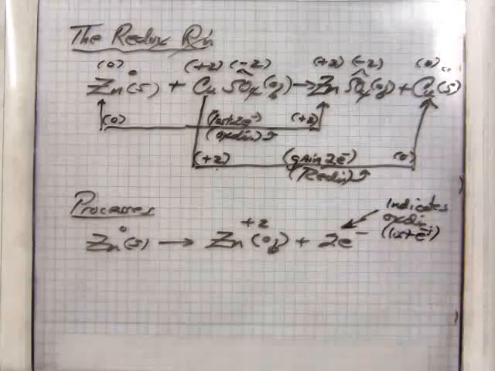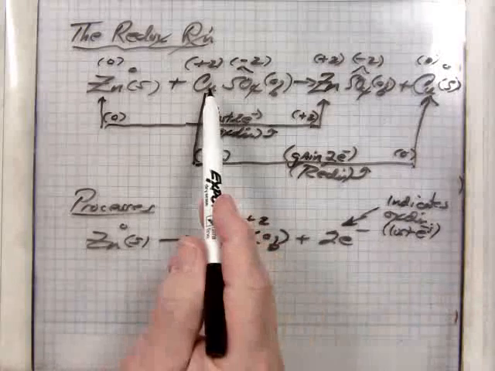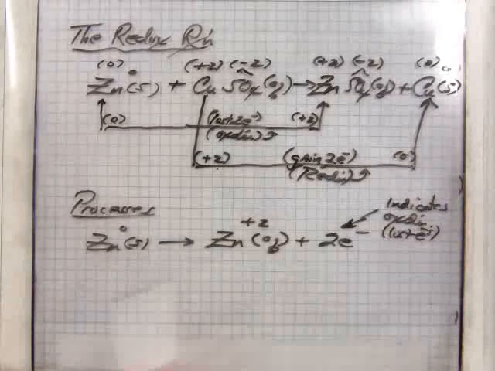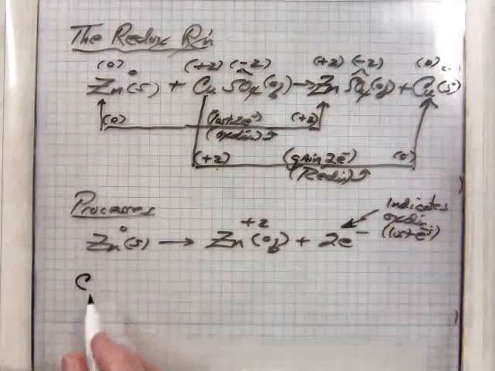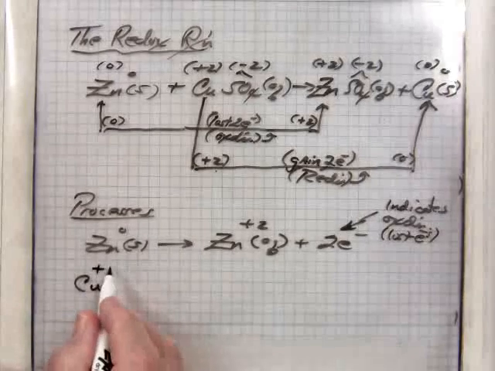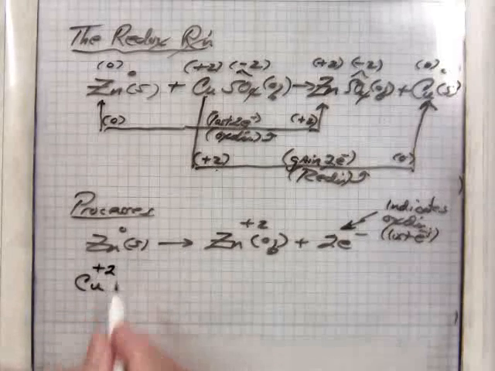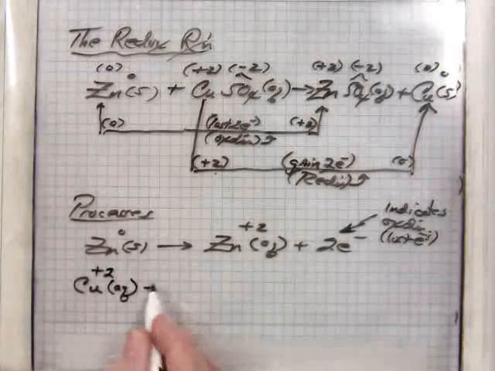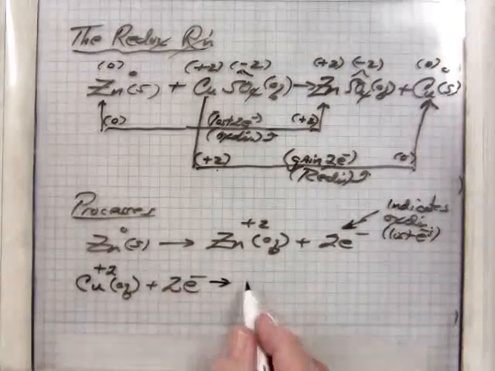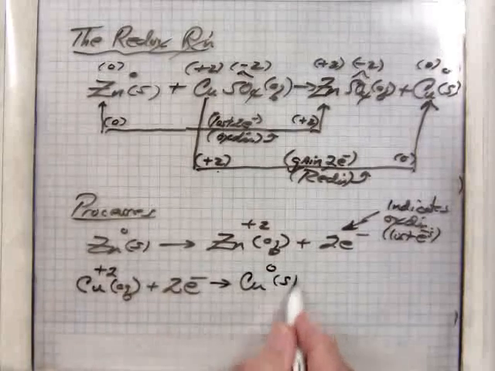On the other side, copper goes through a gain of 2 electrons. When we put that on the reactant side, meaning that it is undergoing the gain of electrons, copper +2 aqueous plus 2 electrons go to neutral copper solid.